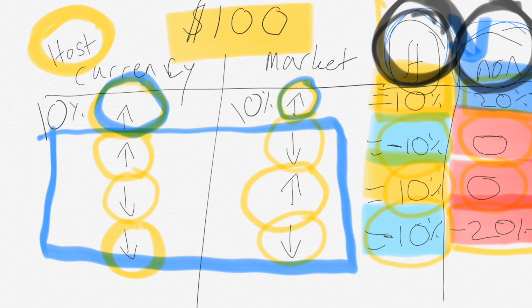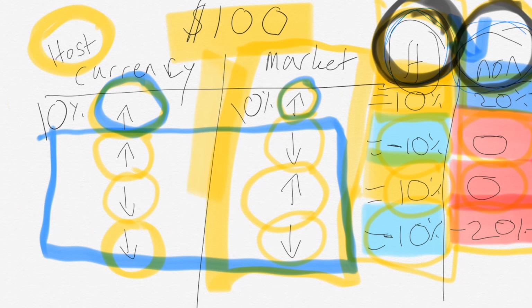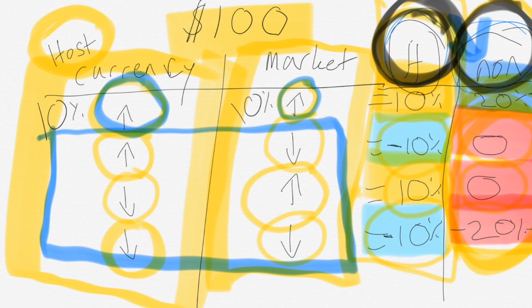So going down the whole list here, what you're looking at is with a hedged ETF, the best outcome you can have is exactly what the stock market does for you. However, with a non-hedged ETF, you are now playing also the currency game, which can be a lot riskier, as we can see here.